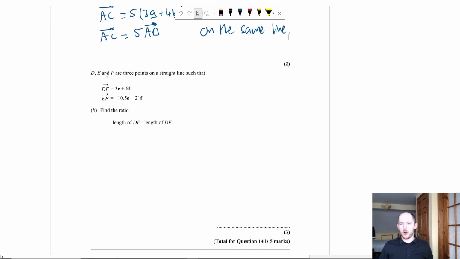Then it says D, E and F are 3 points on a straight line such that this. Okay, cool, so what I would do is I would draw out D, E, F, like so. And D to E, right, this vector here, is 3e plus 6f.